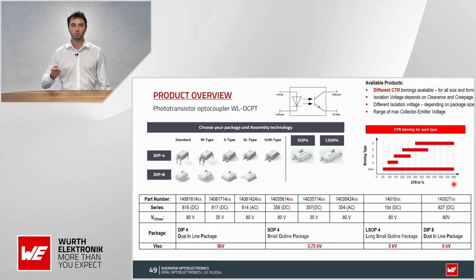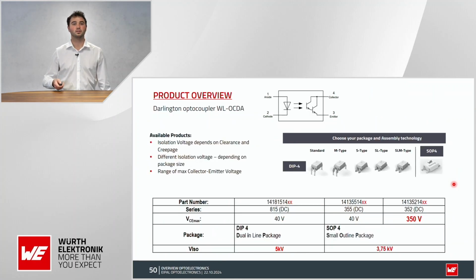So mostly you use this kind of thing in power supplies. The Darlington optocoupler has basically two transistors next to each other. So you get a much higher CTR ratio, a much higher amplification of the current.